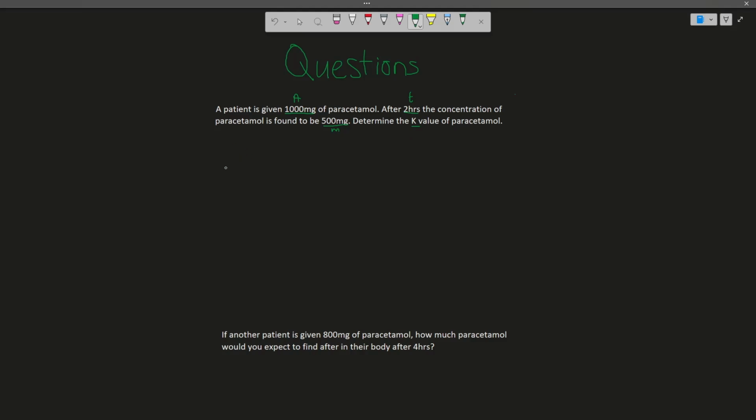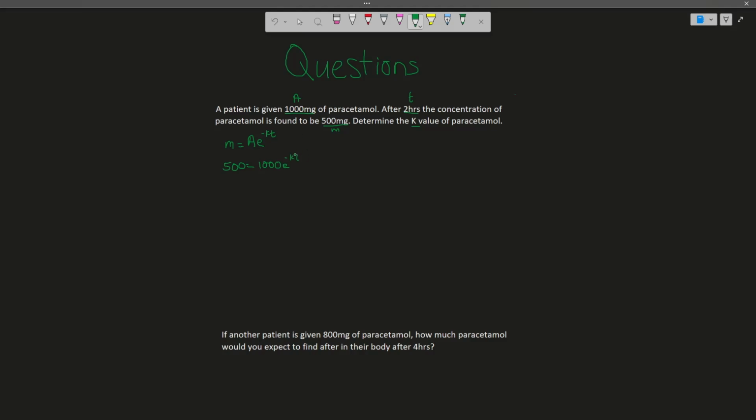So let's write our equation. So M equals A e to the power of negative k t. We sub our values in. 500 is equal to 1000 e negative k t.